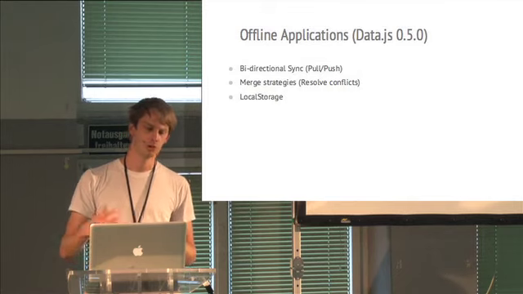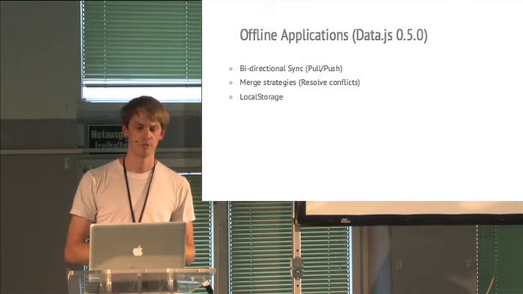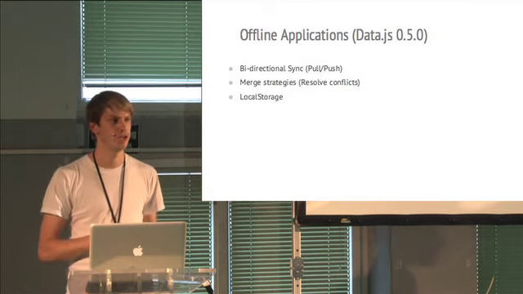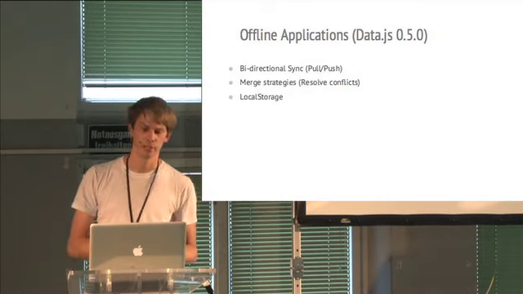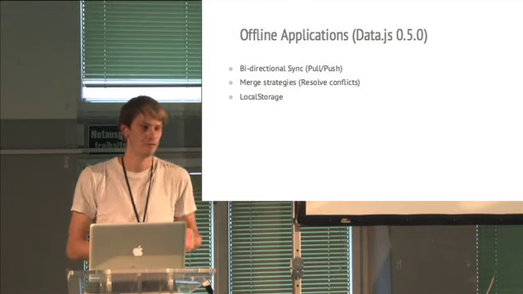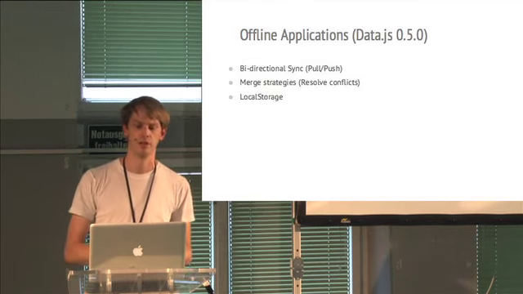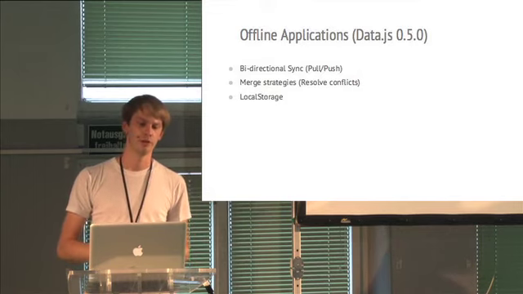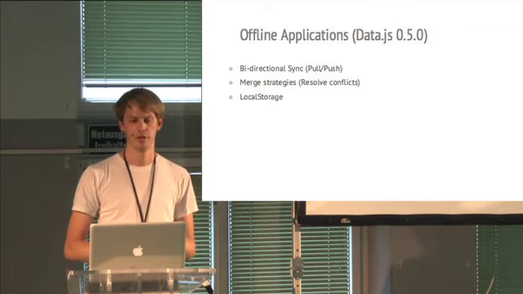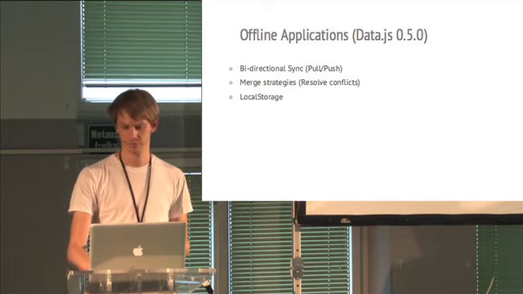And those nodes then get merged into the local graph, which can result in conflicts if you have changes locally as well. So that's the hard part, basically, in this offline application scenario we all have to deal with when we want to build these apps. And yeah, Data.js is going to be using local storage for keeping local data persistent.